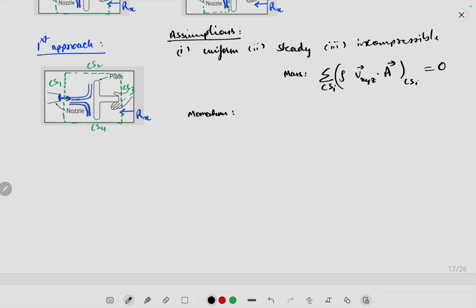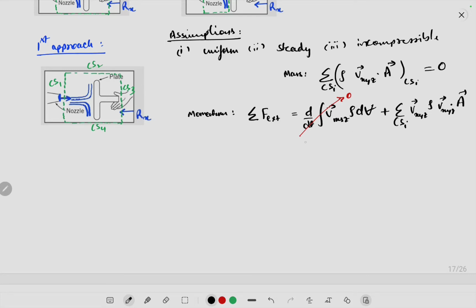equation for linear momentum, I have summation of external force equal to, okay, so now the flow is steady, so this term is 0, okay, and the other term is summation over CSI of V rho V dot dA, sorry, not dot A, okay.